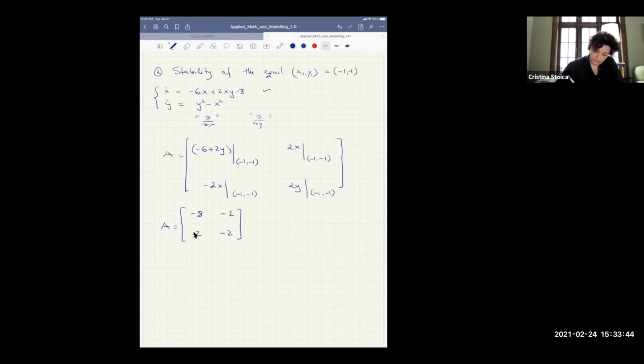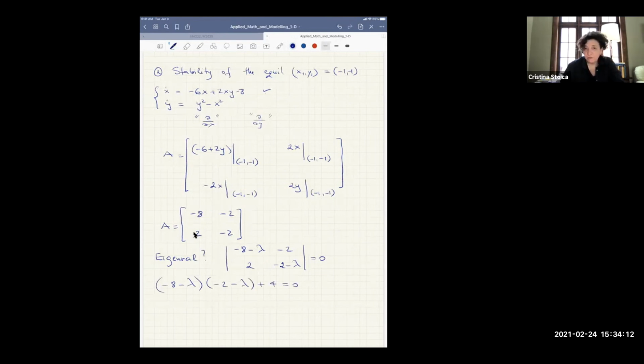And now I'm doing the eigenvalues. These are given by computing the determinant of minus 8 minus lambda, minus 2, 2, minus 2 minus lambda equals 0. So we end up with minus 8 minus lambda times minus 2 minus lambda plus 4 is 0.